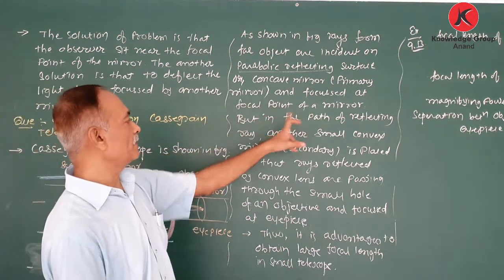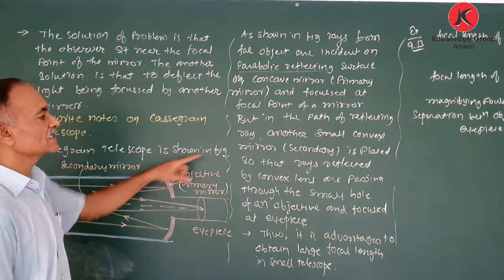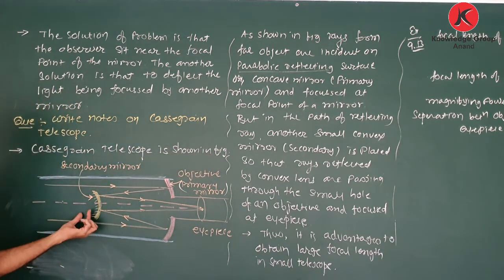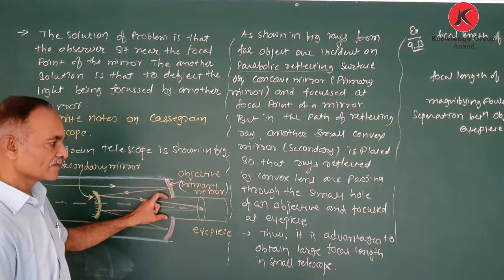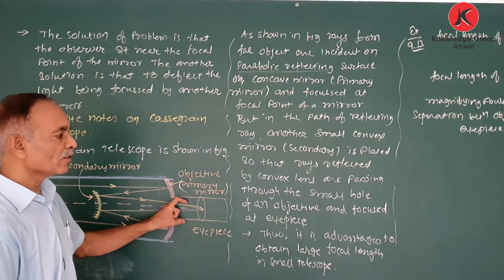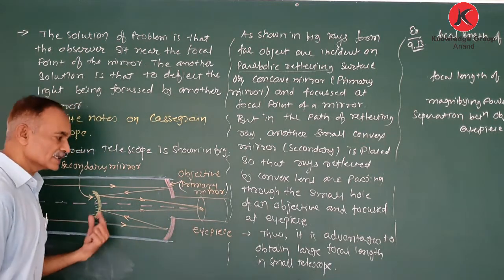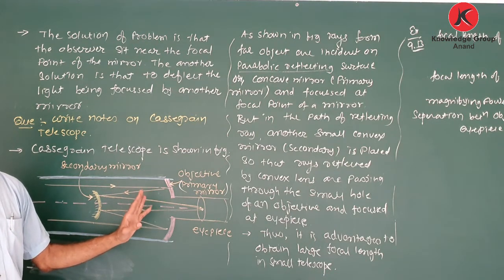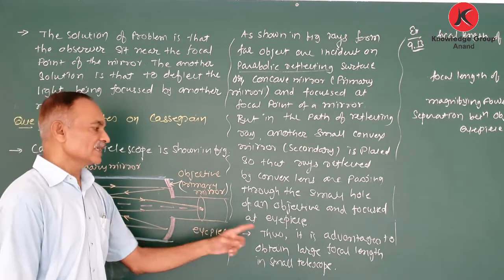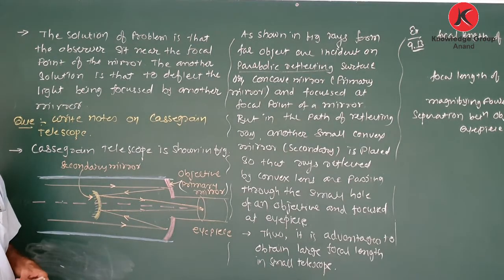But in the path of the reflecting rays, another small convex mirror, the secondary mirror, is placed, so that the rays reflected by the convex mirror pass through the small hole of the objective and are focused at the eyepiece. Thus we obtain the image of the far object outside the telescope. So this is the advantage: obtaining a large focal length in a small telescope.